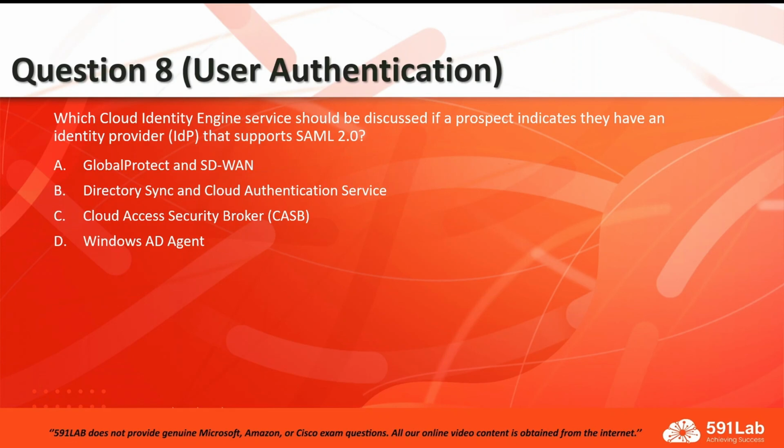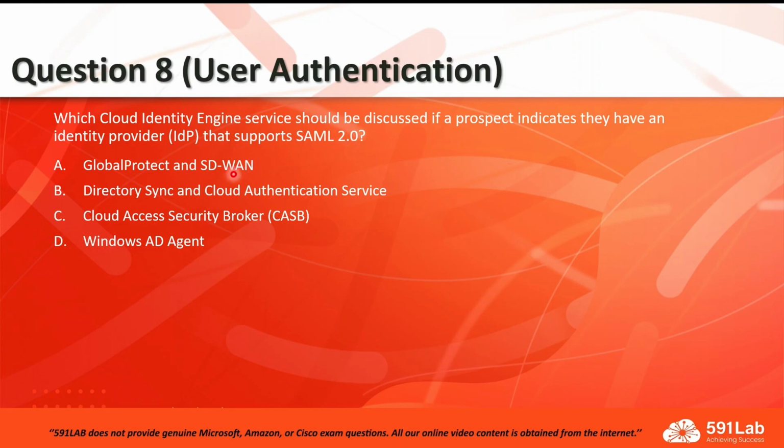Let's go to question number 8. This question will be about the Palo Alto Network's user authentication method. The question is as follows. Which Cloud Identity Engine service should be discussed if a prospect indicates they have an identity provider or IDP that supports SAML 2.0?